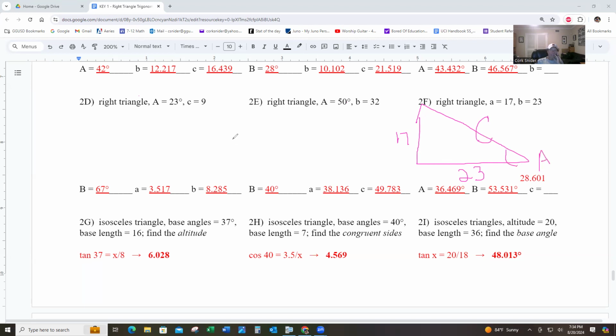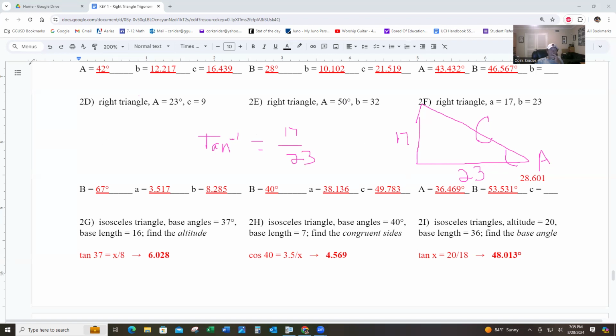We're going to use tangent. So for this, the inverse of tangent, tangent to the -1, should equal opposite 17 over adjacent 23. Sound good? So I'm going to do that, and I'm going to get the value of that angle.